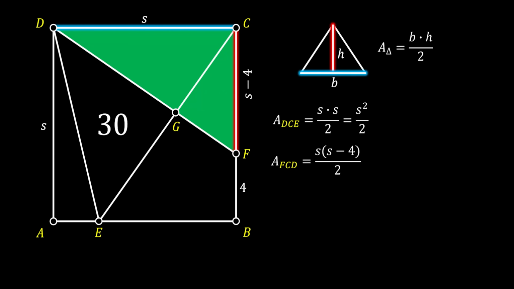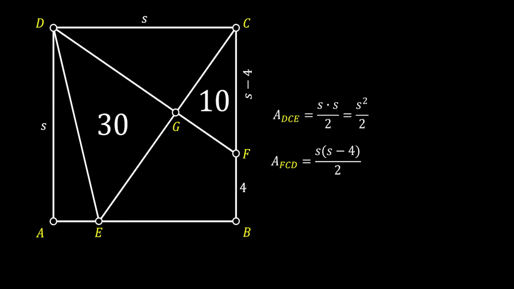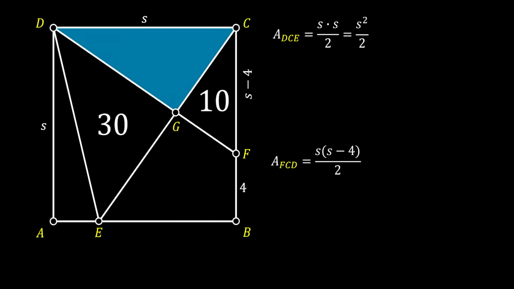over 2. Alright, so now let's take a look at those two triangles once again, but this time we're going to use the triangle which is common for both of them. And that triangle is this blue special triangle DCG. Let me show you. Let's first take a look at the triangle DCE.